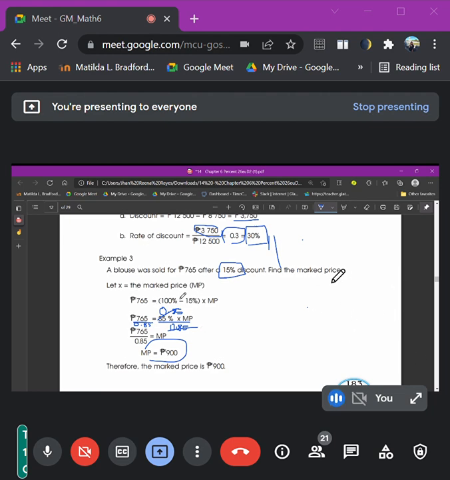Remember, we said 15%, so meaning to say, that 85% is this, the 765. Because 15% has been deducted. Remember, 100% is the full percent. So, we subtract because we are looking for the 85%, since that is the 765.